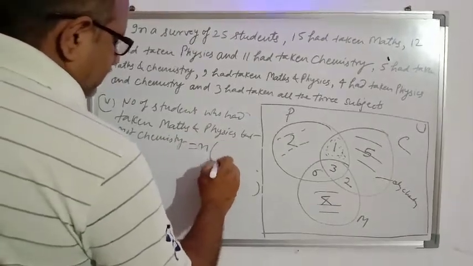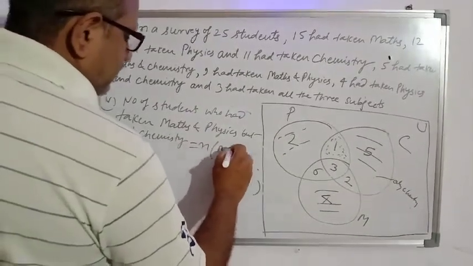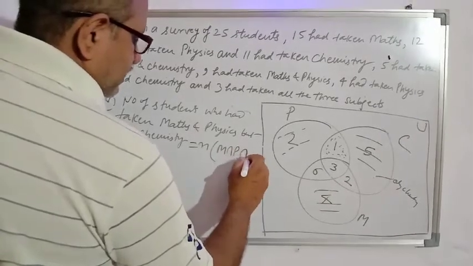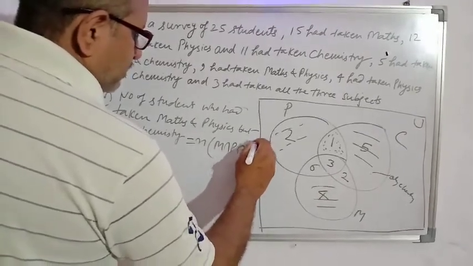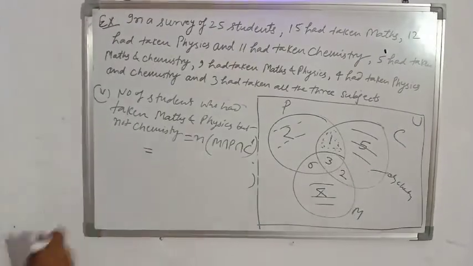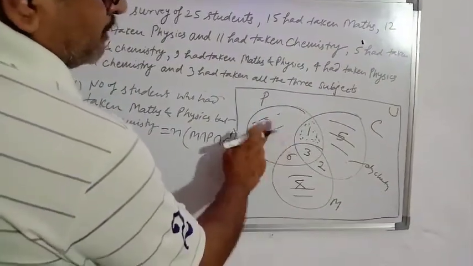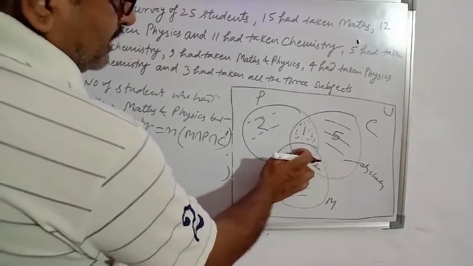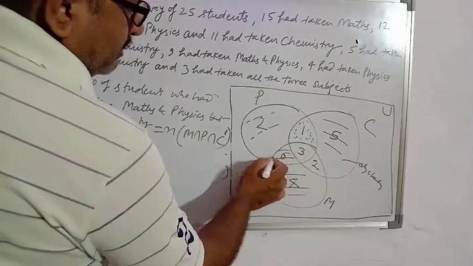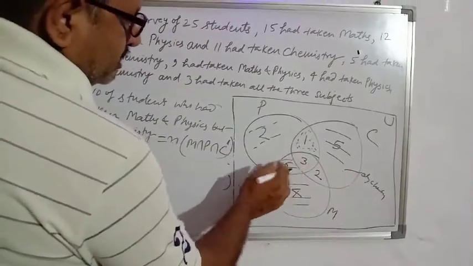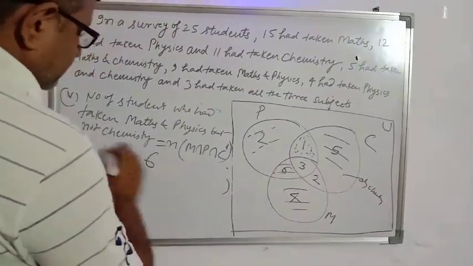It is represented as math intersection physics intersection complement of chemistry. So math and physics, this one, but not chemistry. So we will remove 3. This region will give physics and math but not chemistry. So what is the answer? 6.